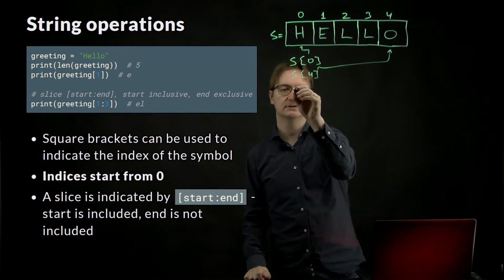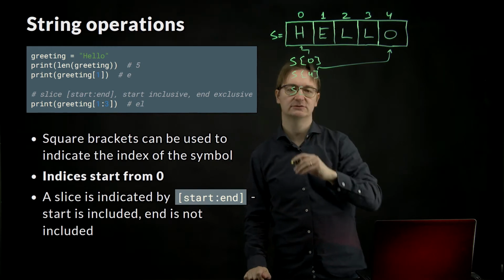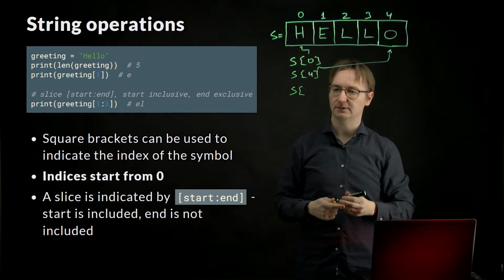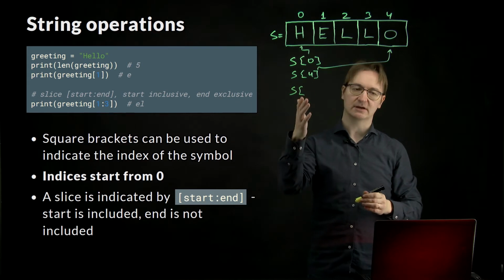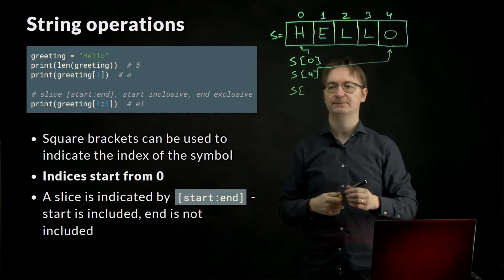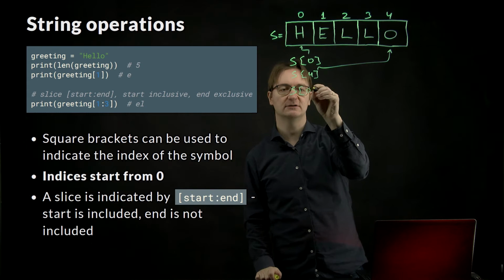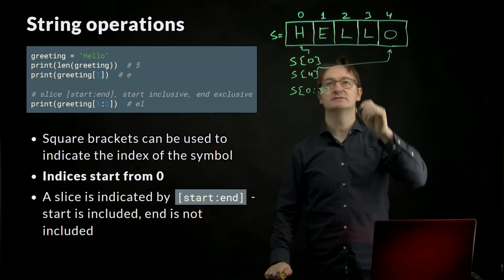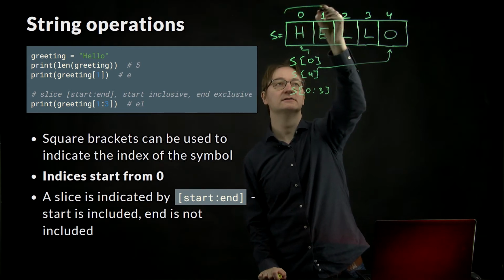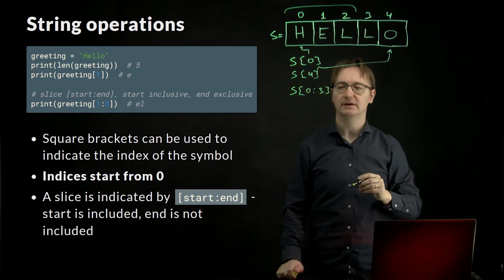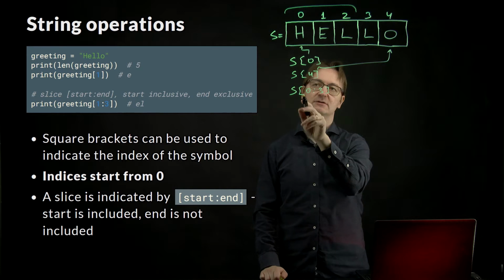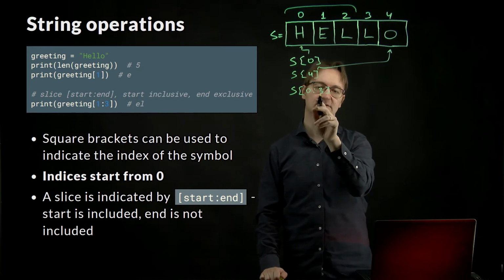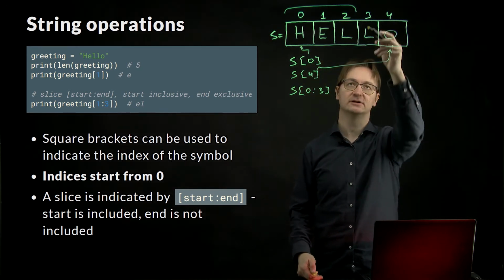And slice is written also in brackets, and we indicate the start and the end position. So if I write 0 and 3, then this means this substring here. The first index 0 is included, and the end index 3 is not included.